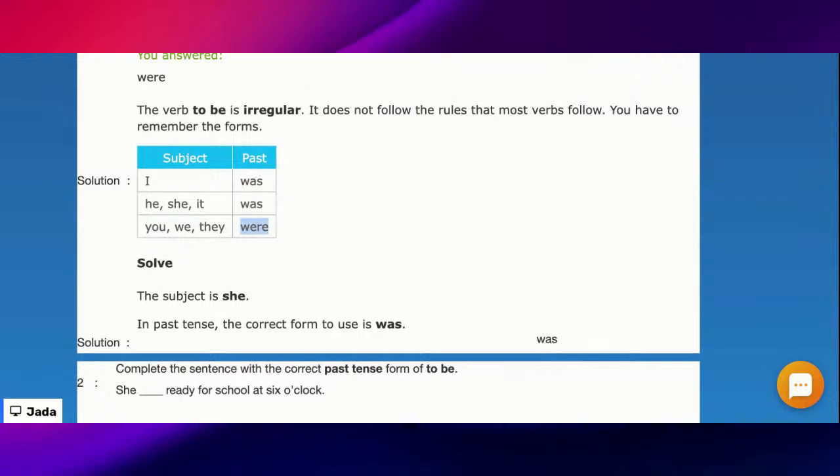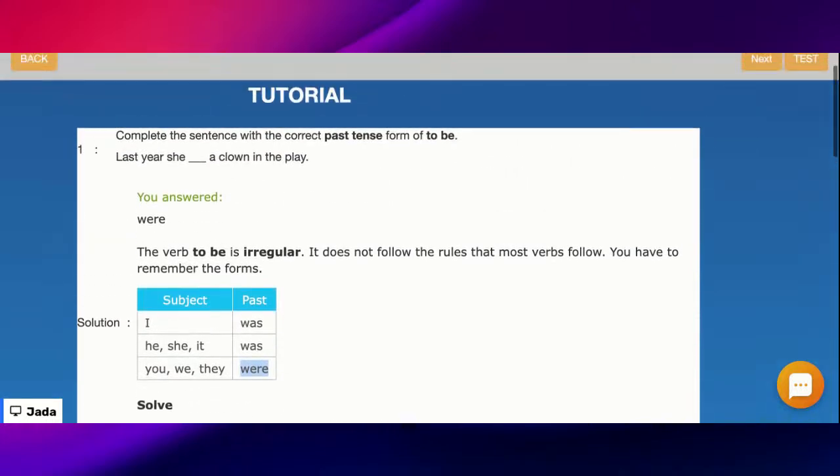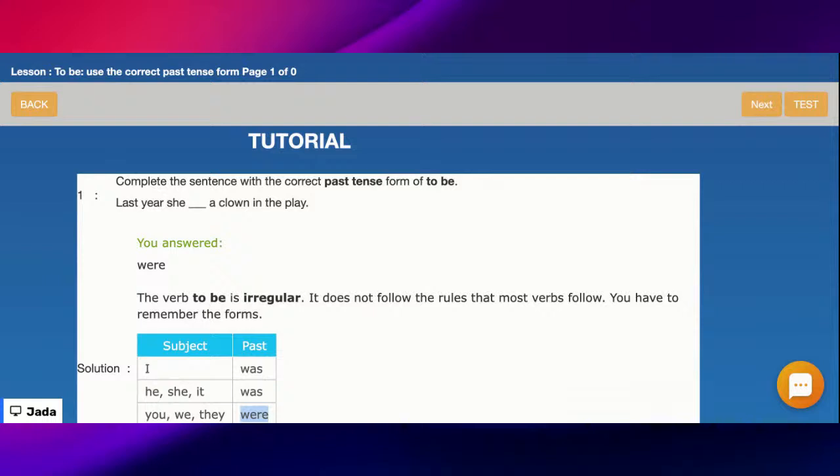You were singing yesterday. Okay, so that's the different ways to use the subject with the past. So you use I was, he, she, it was, and then you, we, they, were. So let's look at some examples.